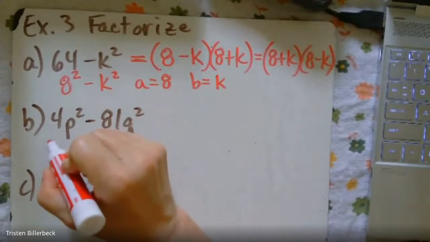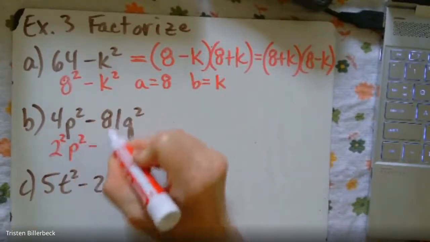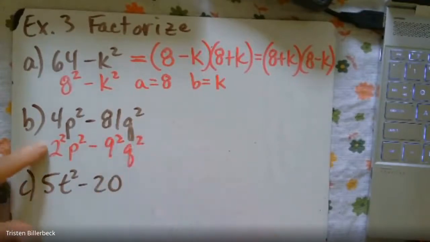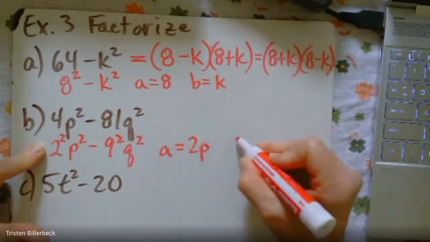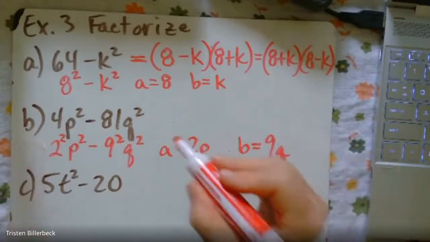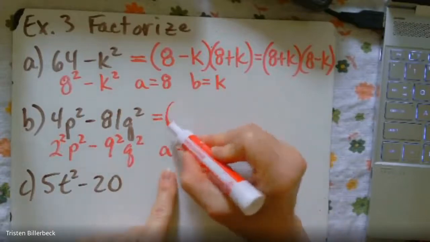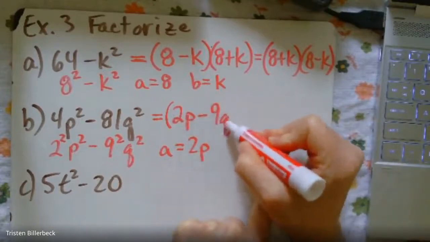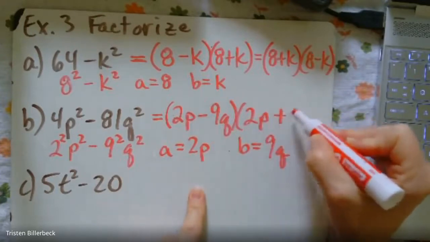Okay, so we have 2 squared p squared minus, and 81 is 9 squared q squared. So judging from this, I have an A of 2p and a B of 9q, and I'm going to write 2p minus 9q times 2p plus 9q.